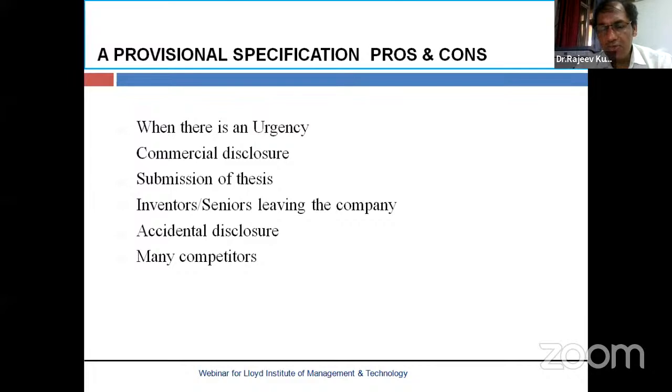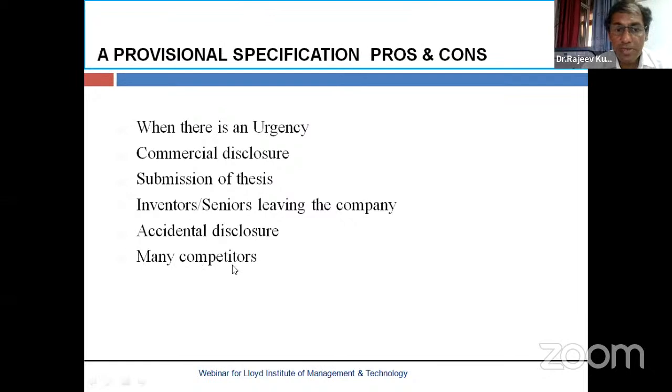Then accidental disclosure means you can, by mistake, disclose your invention in front of other people whom you are not intending to disclose to. For example, आपने जोश जोश में किसी को अपनी सारी invention disclose कर दी, और वो आदमी हो सकता है किसी R&D lab से ताल्लुक रखता हो, या वो आपकी invention का जो disclosure है किसी और को आगे जाकर बता दे, तो उस context में भी you should immediately go for a provisional patent filing.